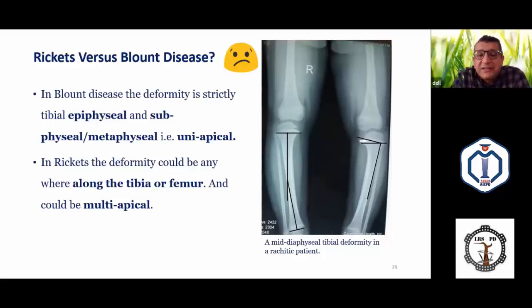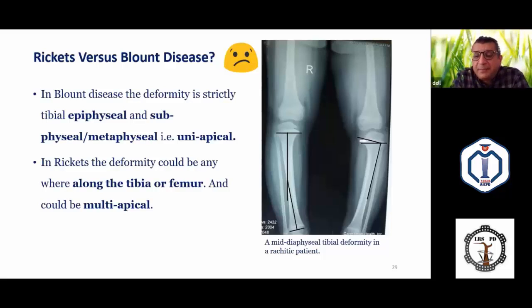First of all, in Blount disease, you have to know that the deformity is epiphyseometaphyseal of the medial part or posteromedial part. So it's epiphyseal or subphyseal in the metaphysis. So it has one apex or one location. In contrast, the rachitic deformities can be anywhere along the tibia or the femur, and inside the same bone, they can have multiple apices.